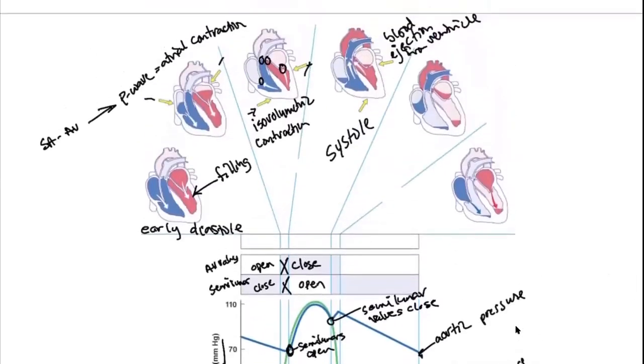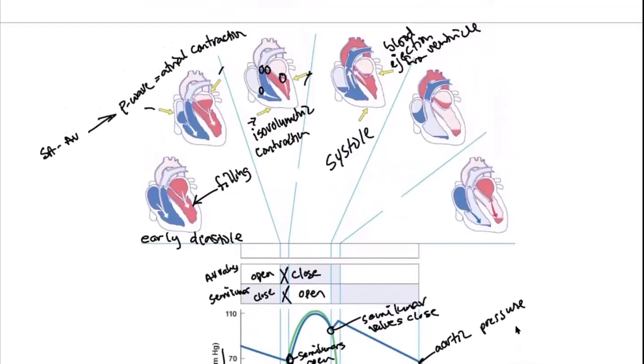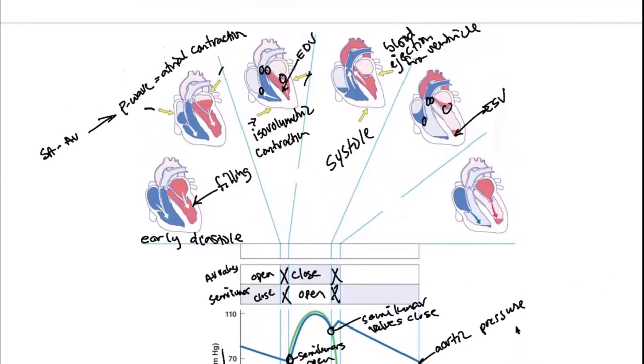And this here is where you've got all valves closed. And so this would be your end systolic volume. This, by the way, the volume in here is your end diastolic volume. And so this period right here is called the isovolumetric relaxation period.